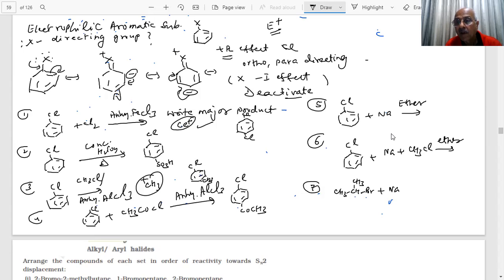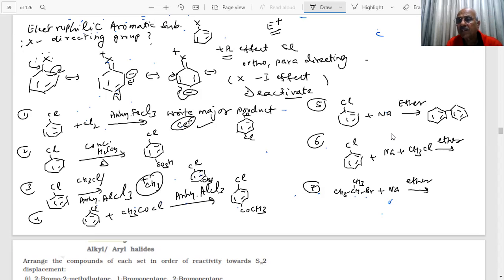Sir, in first reaction, the product will be two benzene rings attached, plus 2 NaCl. What is the name of the product? What do you call this? This will be diphenyl.